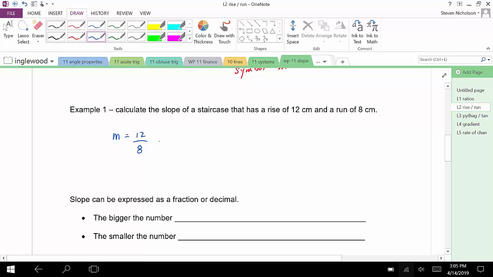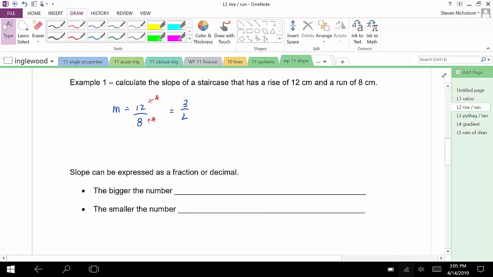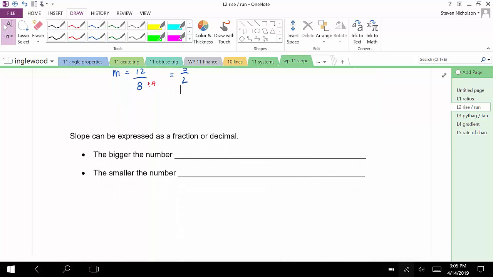And again, just as with ratios and proportions, sometimes it's easier to simplify them and then deal with things when they're simplified fractions. So both 12 and 8 have a common factor of 4, and we can express slope in a simpler way. So slope can be expressed as a fraction, as in the example I've shown above, or a decimal.